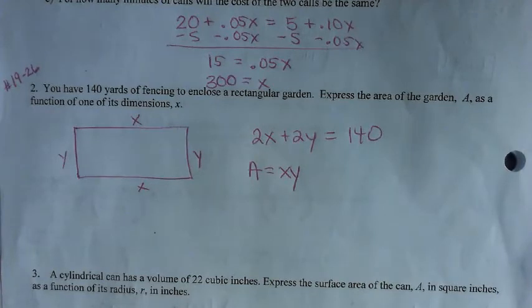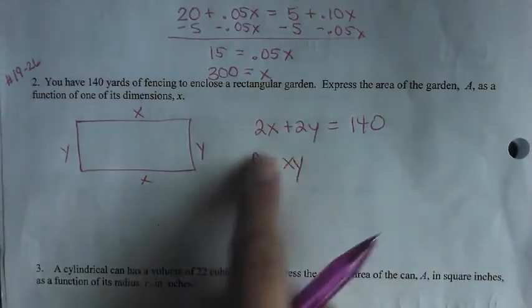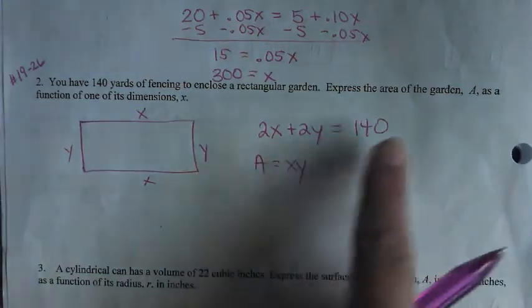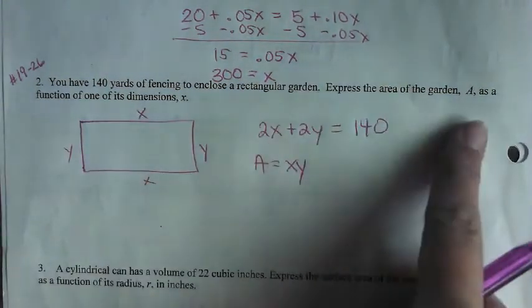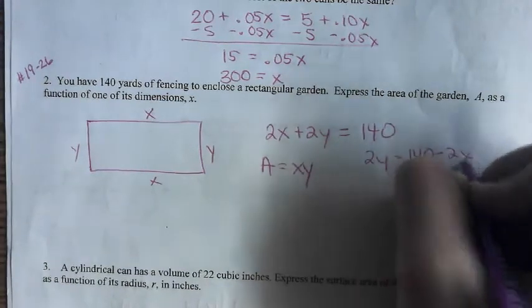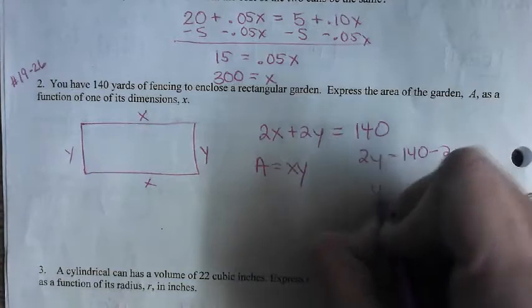Yes? Yeah. But our area right now, as written, is in terms of X and Y, and they want it just as a function of X. So that's where the other equation is going to come in. If they want this just in terms of X, what do we need to get rid of? The Y. So we're going to use the other equation to solve for Y. So we'll subtract that 2x over. Divide by 2.